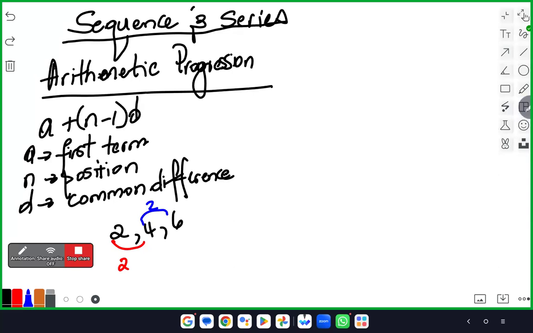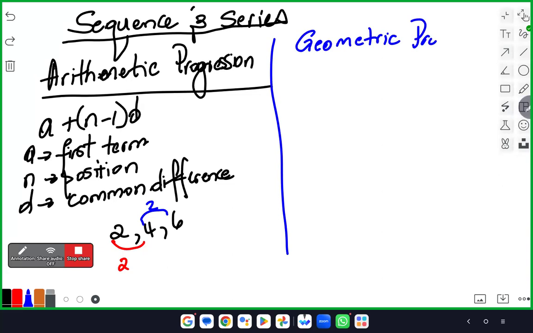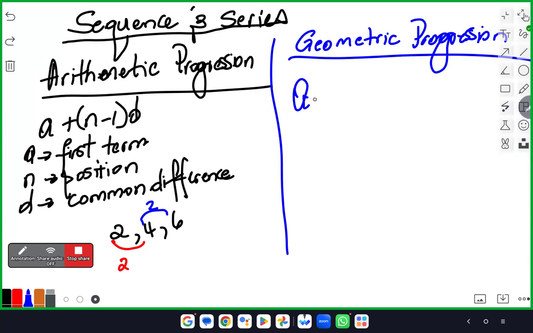So let's look at the other one that we call the geometric progression. The geometric progression is different in that it speaks to a common ratio and not a difference. So the general formula is A times R to the N minus 1.